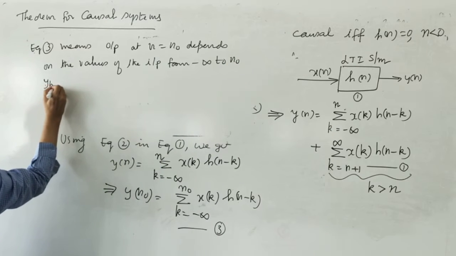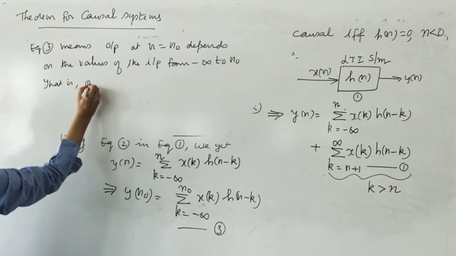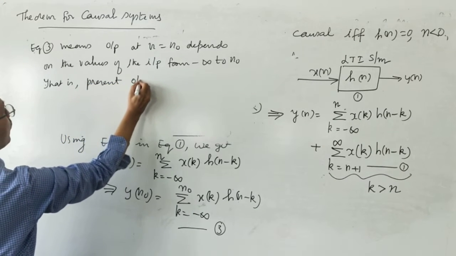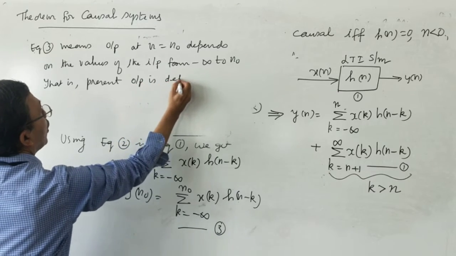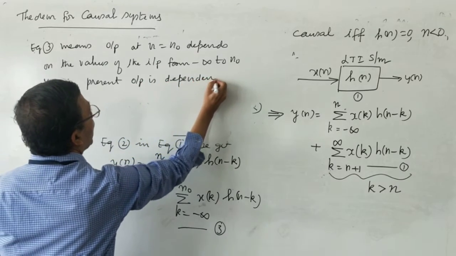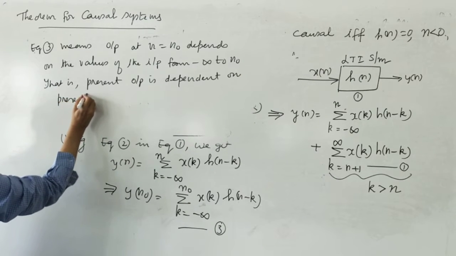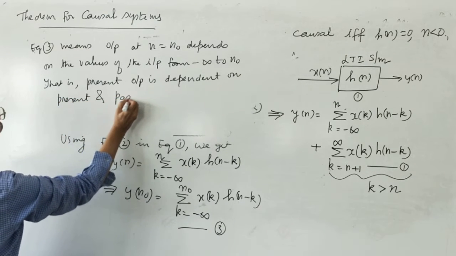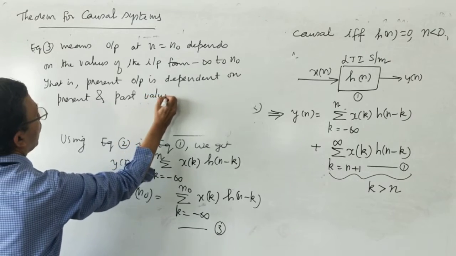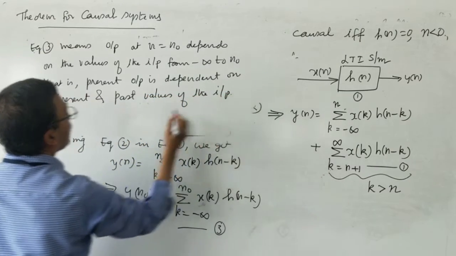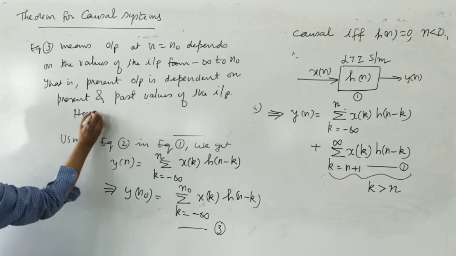That is, present output is dependent on present and past values of the input. Hence the theorem.